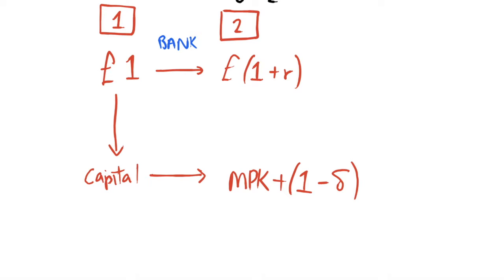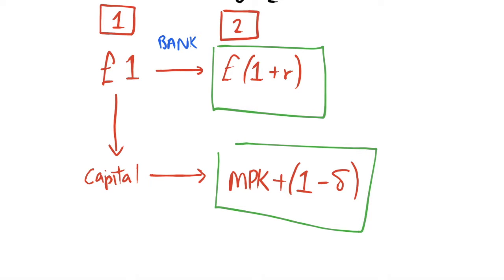For example, if you bought loads and loads of machines today and they produced for one period, you'd get back their marginal product, but you would still have that machine which could then produce in period 3, period 4, period 5. And what is the value of that machine and its future production? Well, it is 1 minus the depreciation rate. So these are the two possible returns we could get. We could bank the money and get back £1 plus interest, or we could get our marginal product of capital and the value of the depreciated capital.